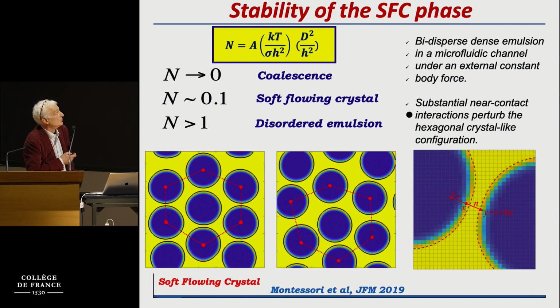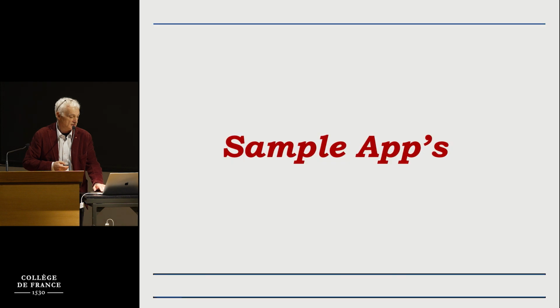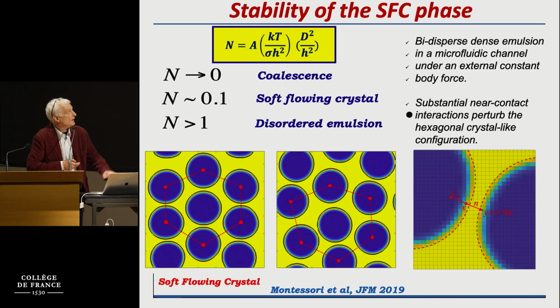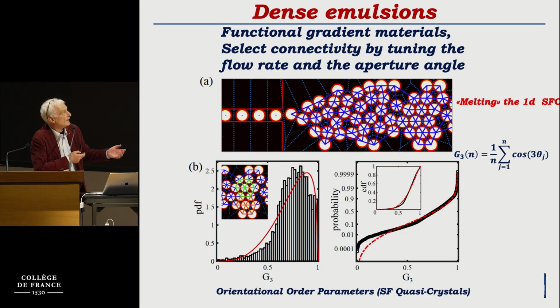And we just discovered, not much of a surprise, if N is 0, it means that you have no repulsive near contact interaction, so you coalesce. And basically, you can keep the crystal alive, meaning flowing and regular, up to about 0.1. And if you go beyond 1, then you generate disordered emulsions, which is interesting, of course. And that would be, of course, another application.